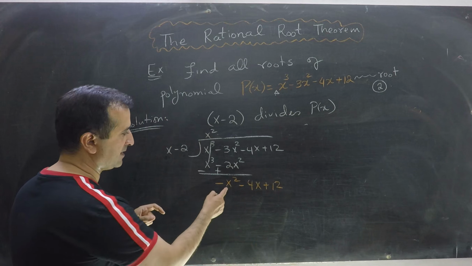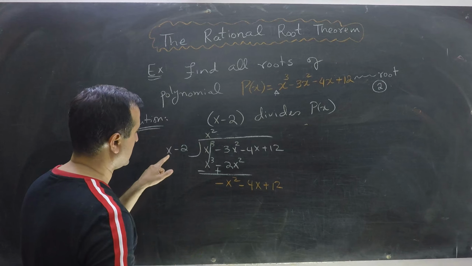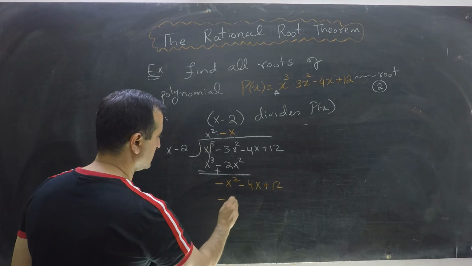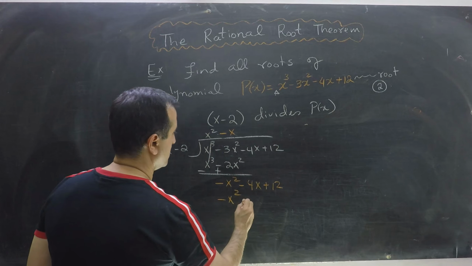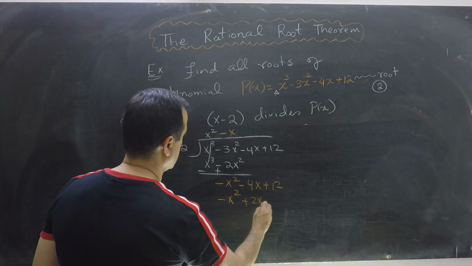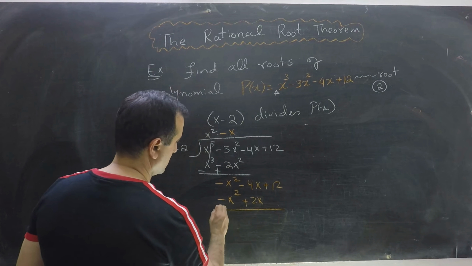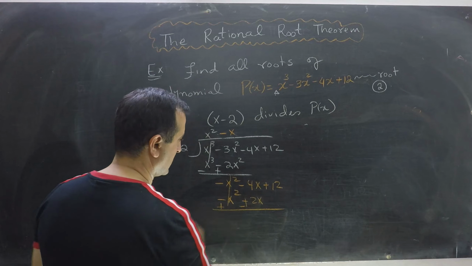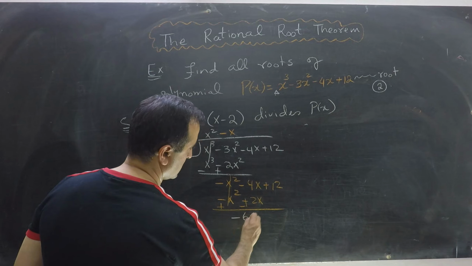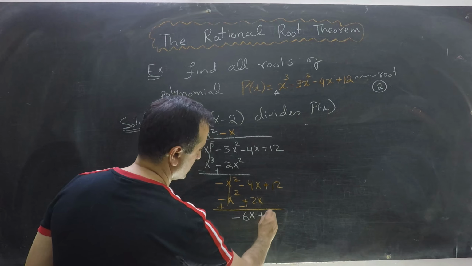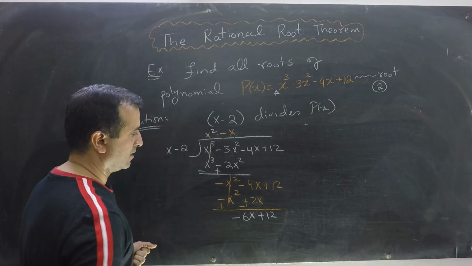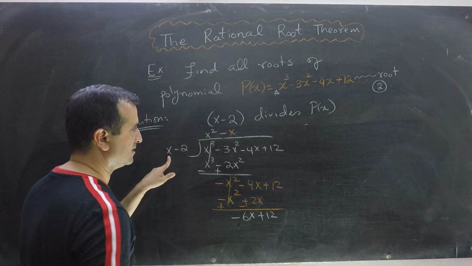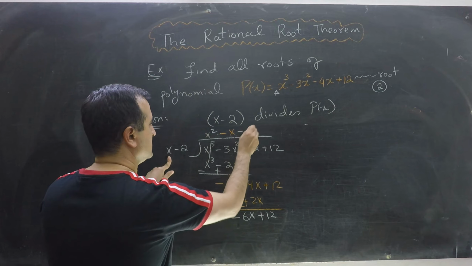Now to get -x^2, I will multiply x by -x. I will get -x^2 + 2x, and these two will cancel with each other. I will get -6x + 12. Now to get -6x, I multiply x by -6.